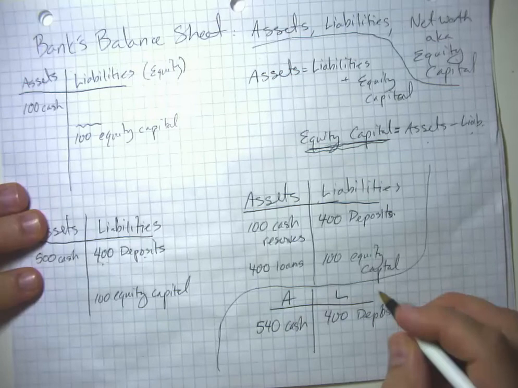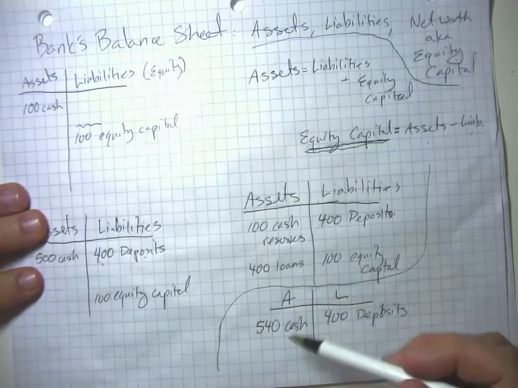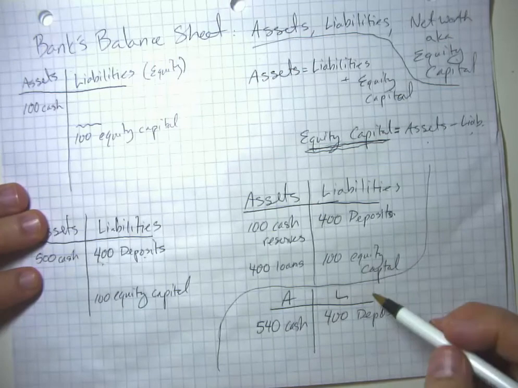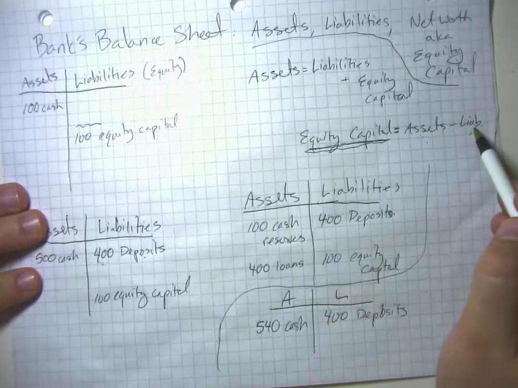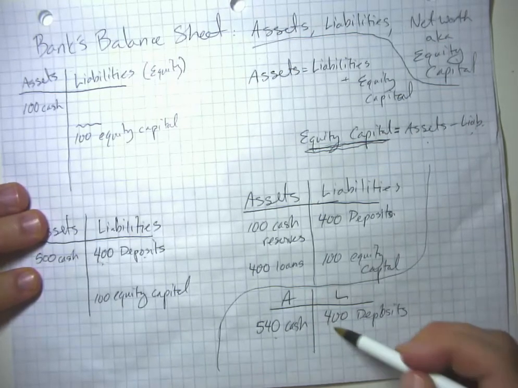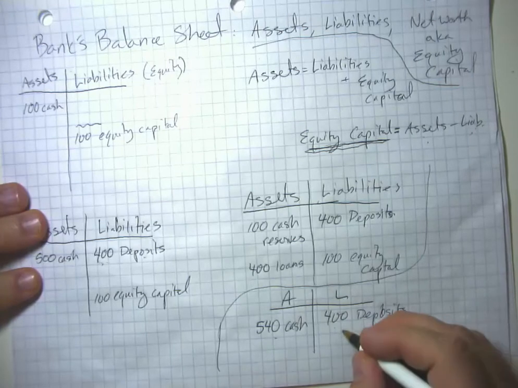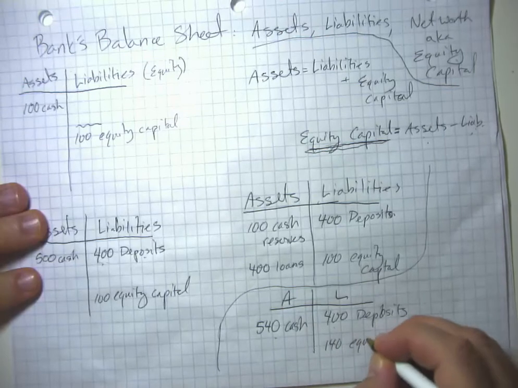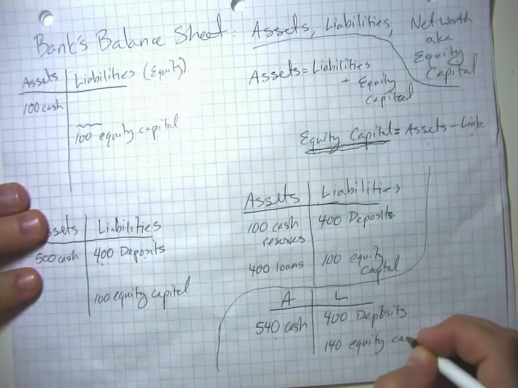And so what's my equity capital? Well, I made some profits. So actually my equity capital has gone up. My equity capital is my assets minus my liabilities. 540 minus 400 gives me $140 of equity capital.